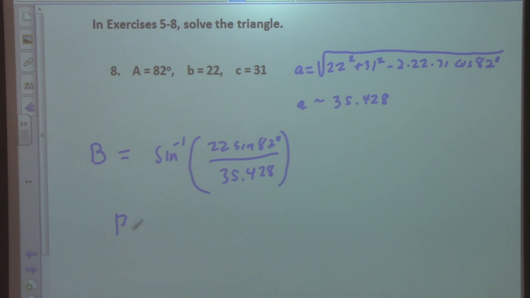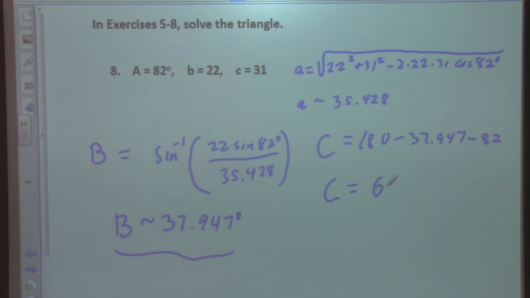That equals 37.947. That's degrees, right? Yes. And then the last one, I added the 82 and 37.947, and then subtracted from 180, and that's going to be 60.053.